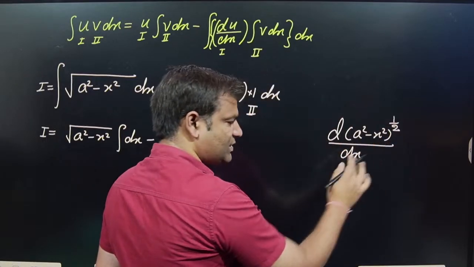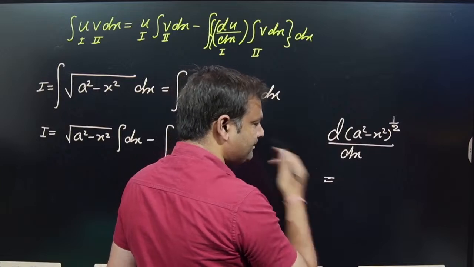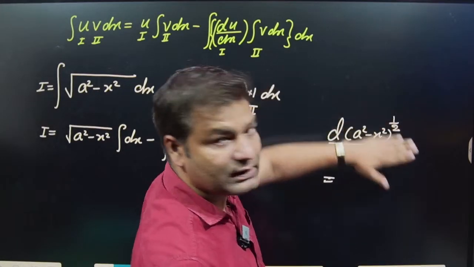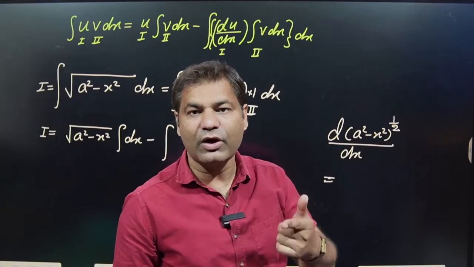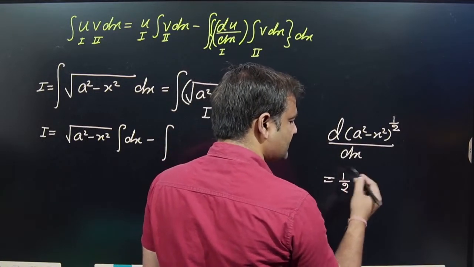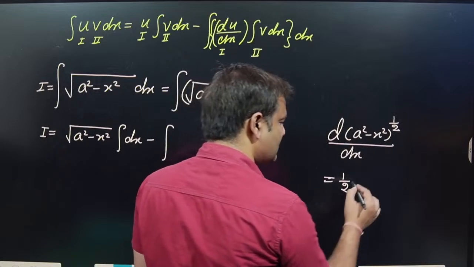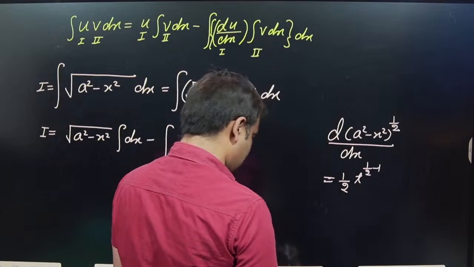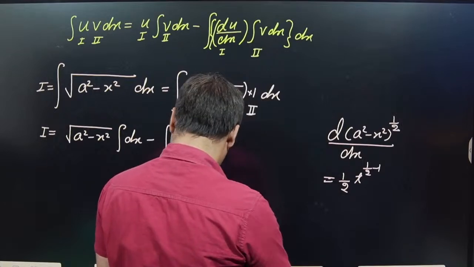So differentiation of this one is very simple. This one is considered t to power half. So differentiation of t to power half is how much? 1 by 2 into t to power half minus 1. And what about t?